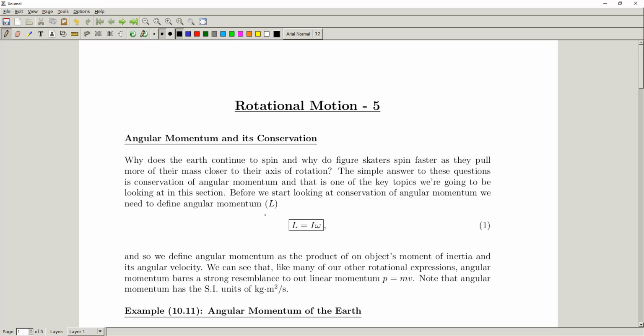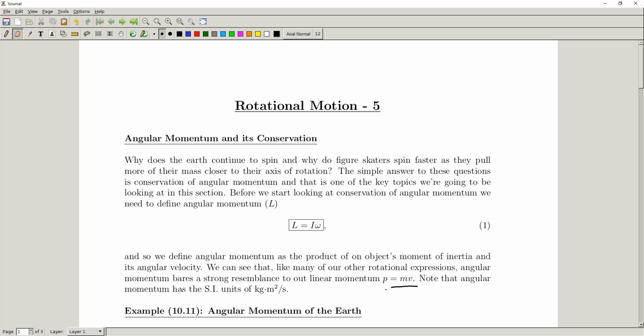Like many of our previous rotational expressions, the angular momentum looks very much like the similar equation in linear terms. It looks like our linear momentum definition, which we have over here.